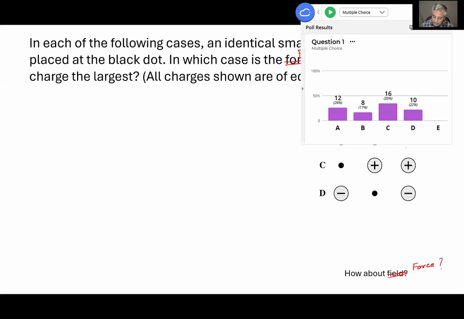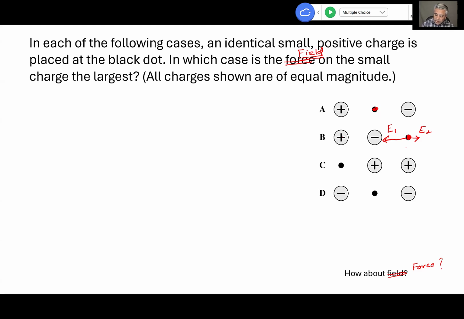We have all of them, but C is a little more. I'll just keep doing what I did here. In this case, this is going to be pointing this way, and the distance here is R. And for this one, what happens? The negative charge is attracting in the same direction.